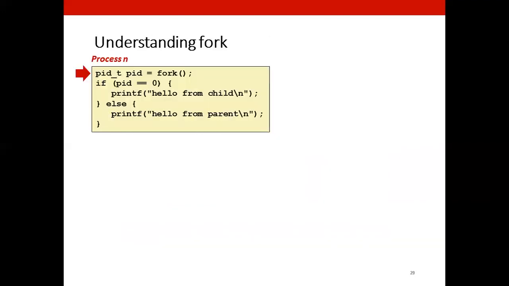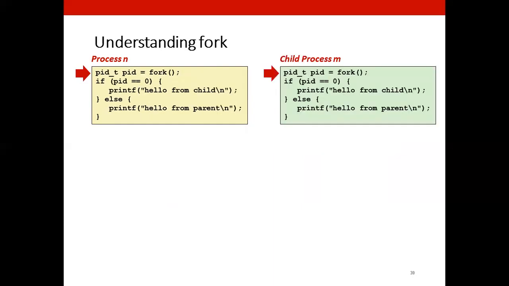Let us understand the concept of the fork system call. Let us say we have a process N and it calls the fork method. It is going to create a child process called M and they run the same program, right? As we said, fork creates an entire replica of the calling process, byte by byte, and the entire state, because now they are running at the same time.